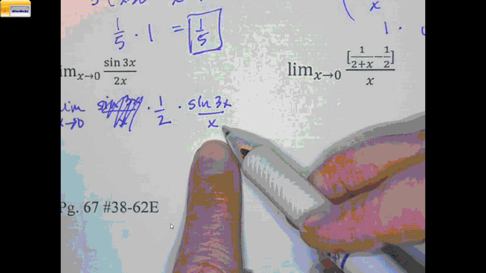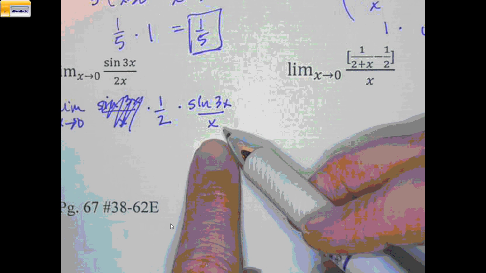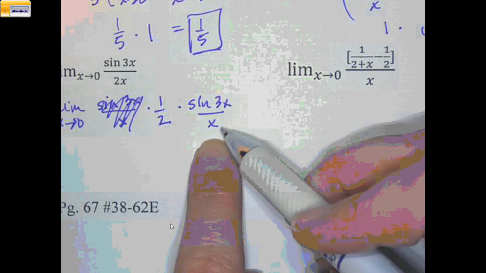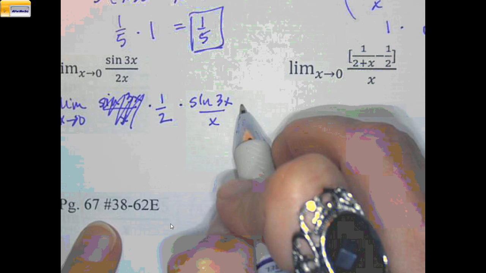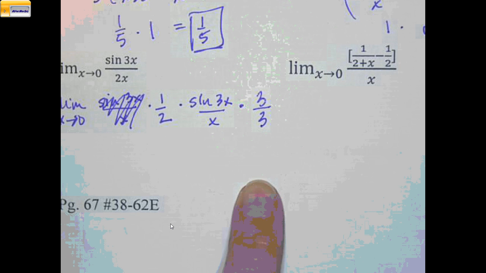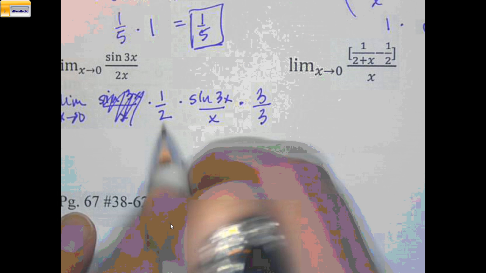A 3, right? That would make it 3x over 3x, which means we could figure this thing out. So let's just do this, times, I need a 3 on the bottom, put a 3 on top, and why is that legal? Because you're multiplying by 1. So, if I rearrange this, I have 1/2 times sine of 3x over 3x times 3.